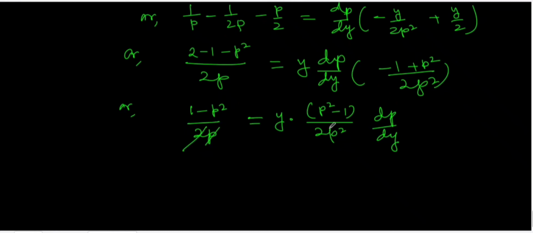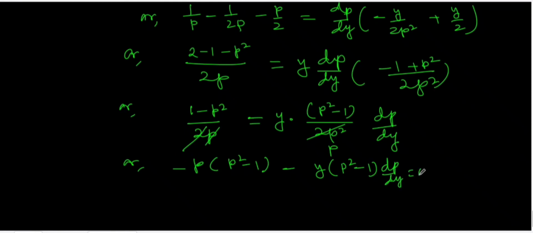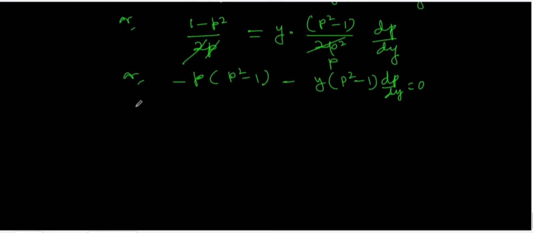Cancel 2p, and we get p only. So p times (p squared minus 1), negative y times (p squared minus 1) dp/dy equals 0.